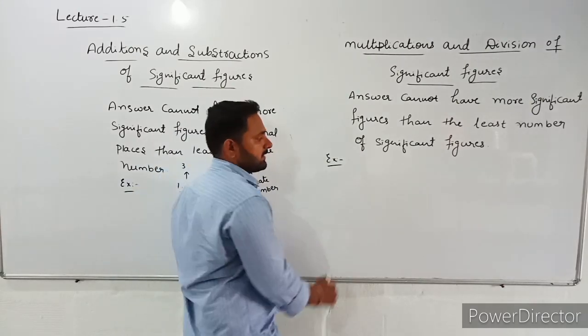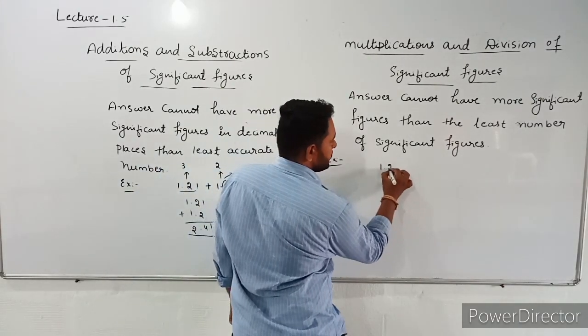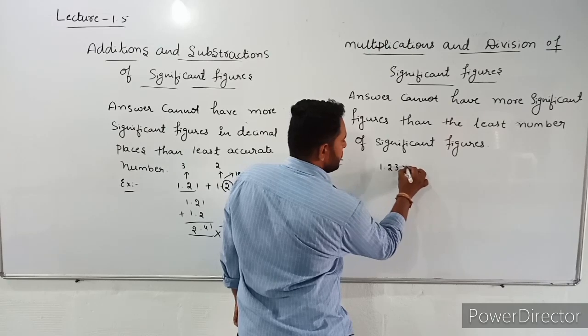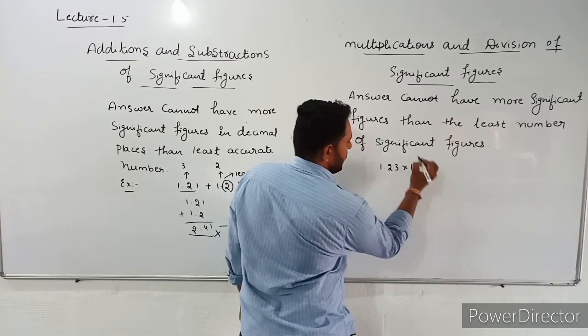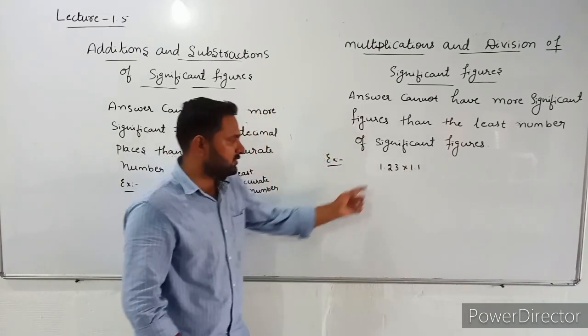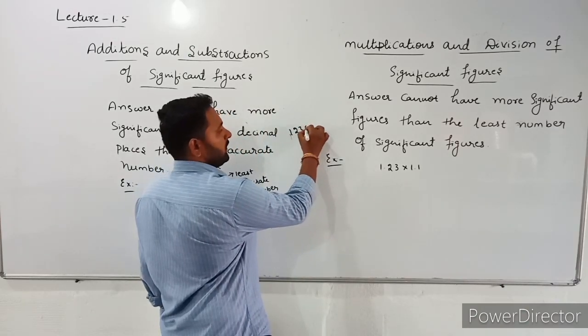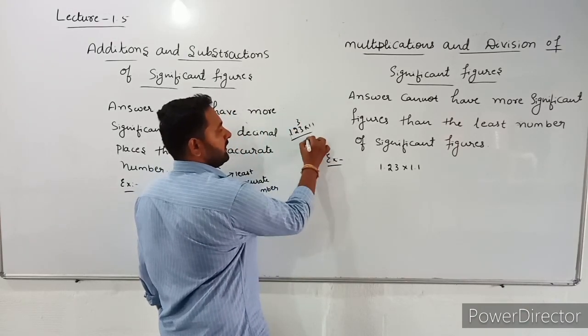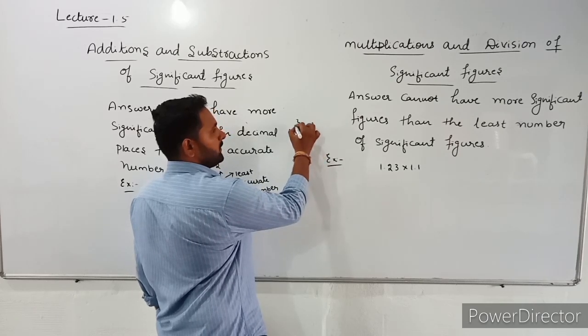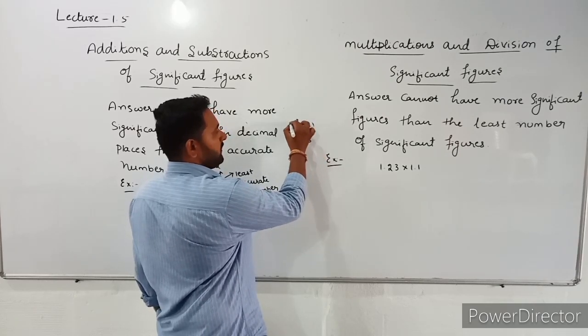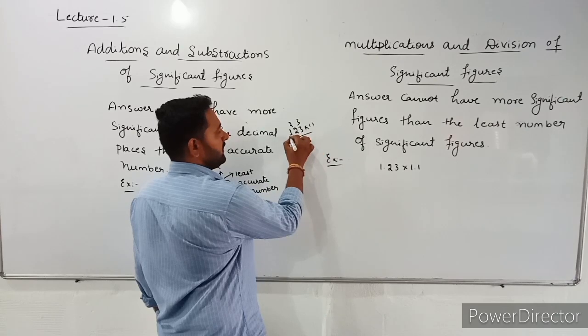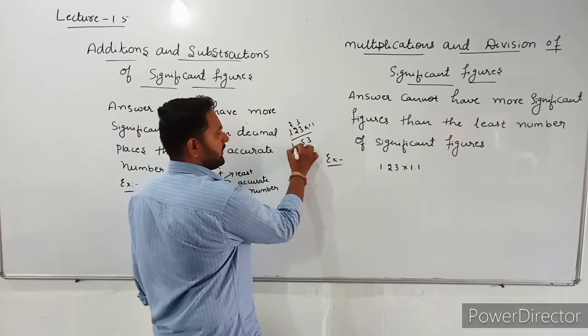Now let us check one example. 1.23 into 1.1. Now multiply these two numbers. 123 into 11. 11 times 3 is 33, 11 times 2 is 22 plus 3, 25. 11 times 1 is 11 plus 2, 13.